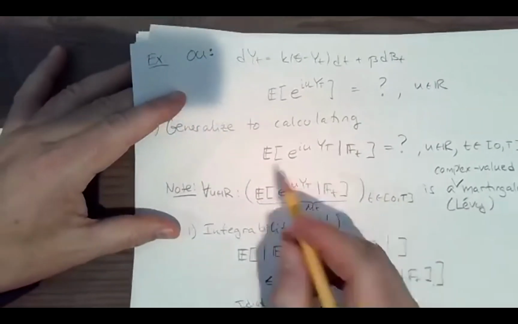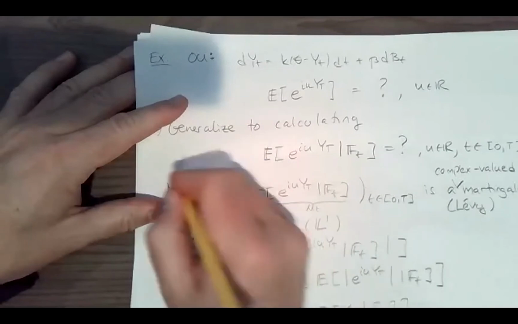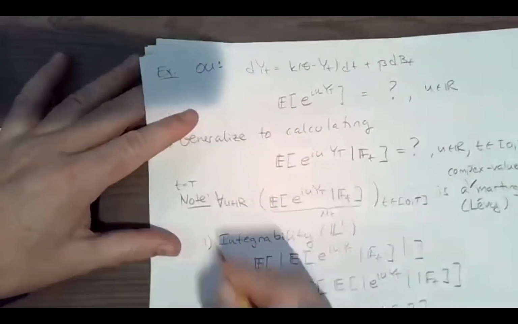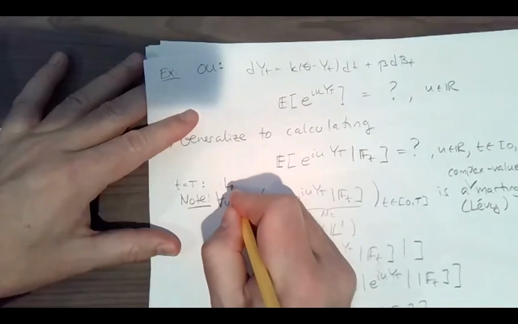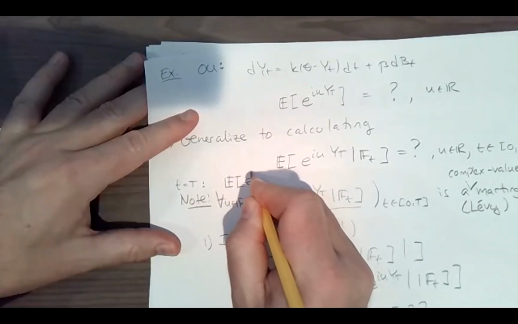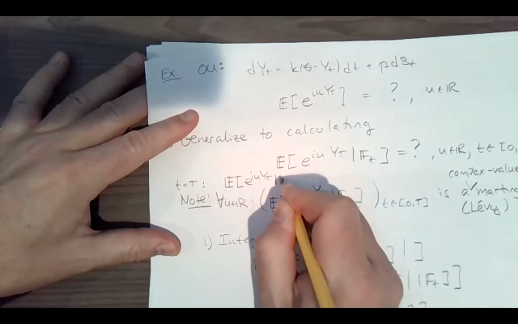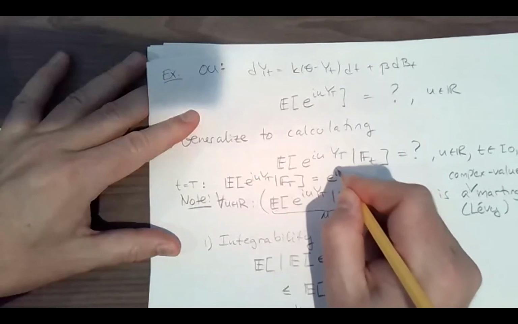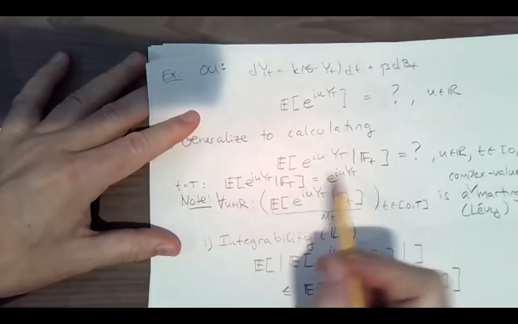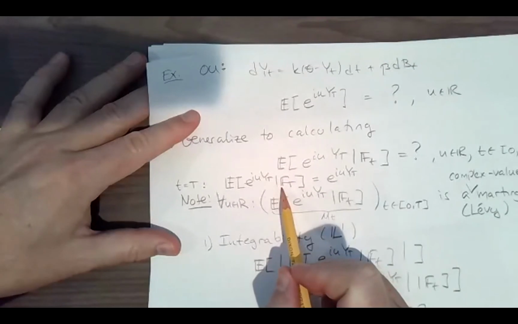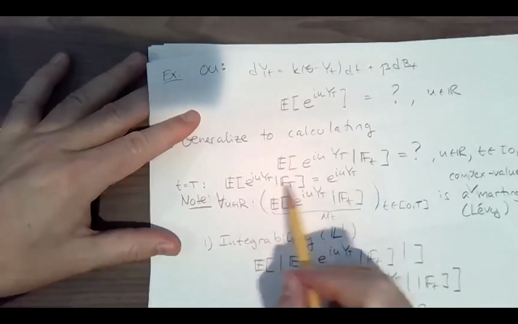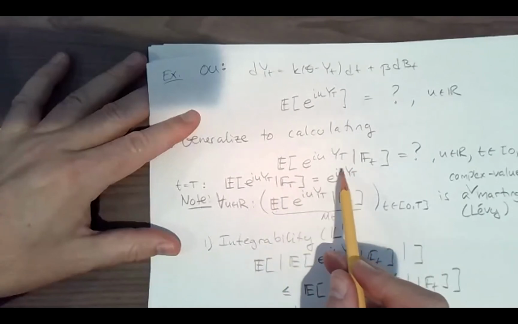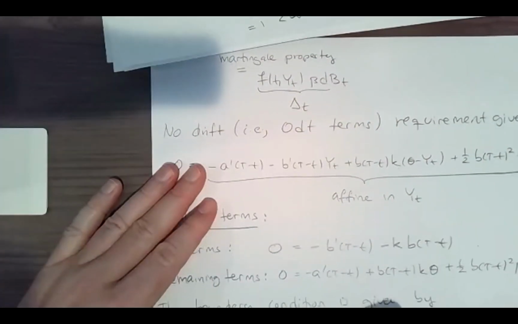Well, if I take little t equal to capital T, then the conditional expectation of e to the iu Y_T, given F_T, is just going to be e to the iu Y_T, because this is already F_T measurable. So at the end, I'm going to get this value here, e to the iu Y_T.